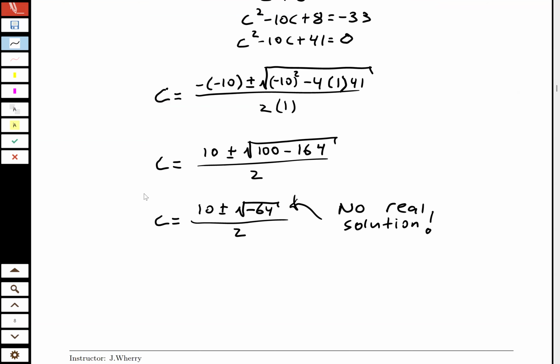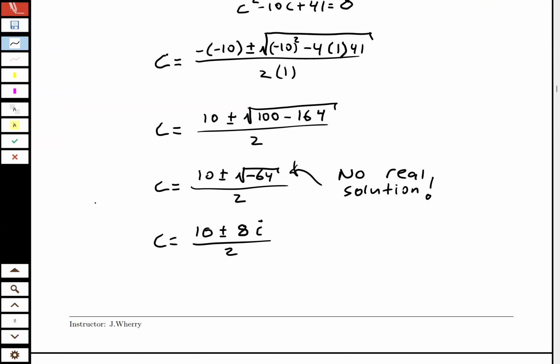But if I allow for complex answers, the square root of negative 64 is 8i, because it's a negative. Dividing this by 2 gives me 2 possible values of c that would make this continuous: 5 plus or minus 4i, dividing each of those components by 2.